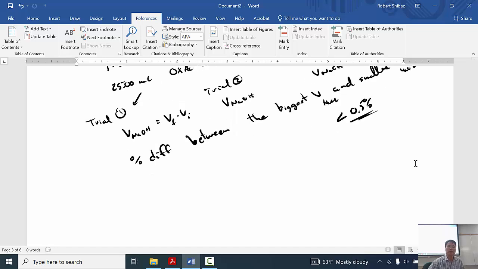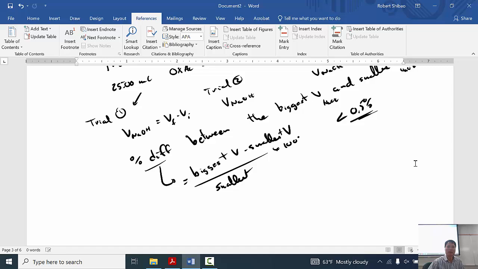So the percent difference here is equal to the biggest volume minus the smallest volume of the three. So just look at the three volumes, pick the biggest one, subtract the smallest one from it, divide by the smallest one, times 100%. And this gives us the percent difference.